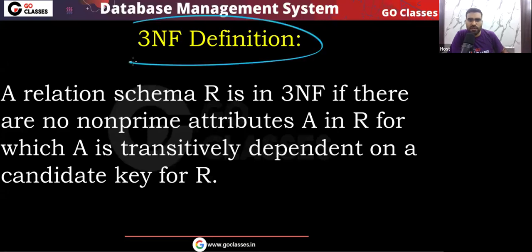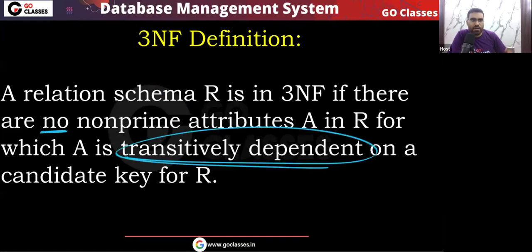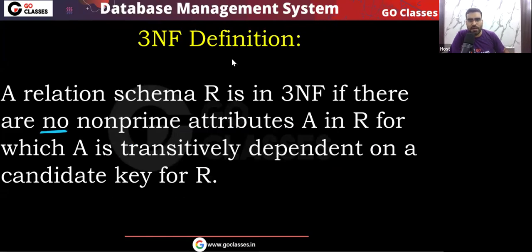You already know the definition of 3NF. A relation is in 3NF if there is no non-prime attribute which is transitively dependent on any candidate key. We have already seen this in our lectures. We should not have any non-prime attribute which is transitively dependent on any candidate key.